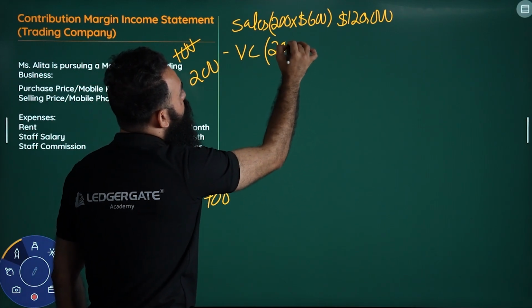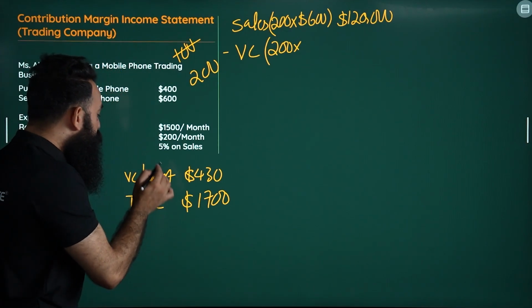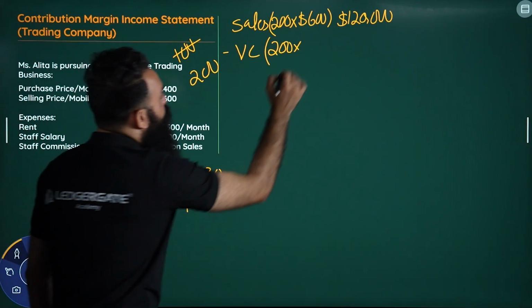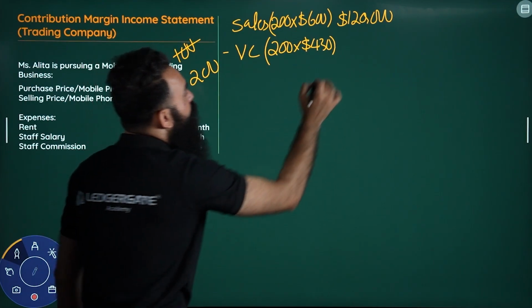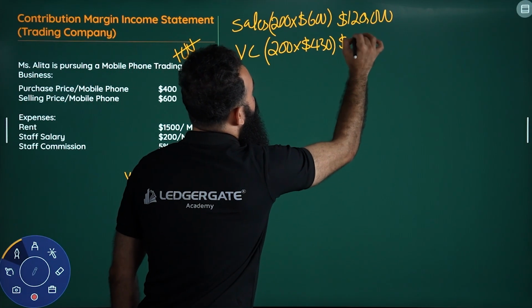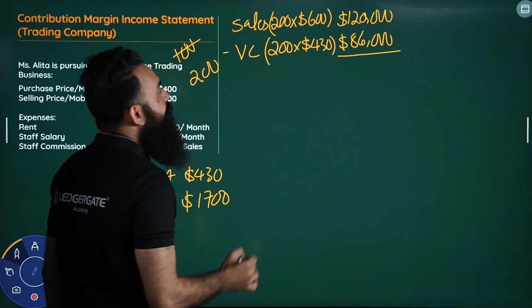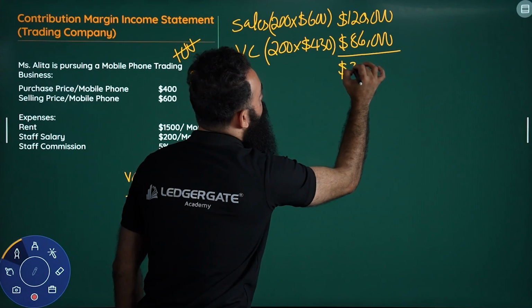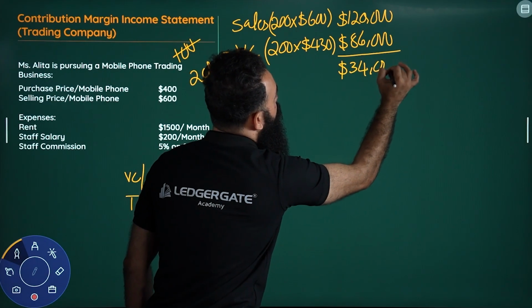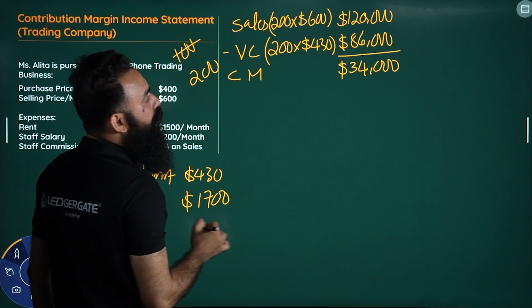Our variable cost is for 200 units, so 200 into $430 would be our variable cost. That would be $86,000. We'll deduct 86,000 from 120,000. That would be $34,000. We know that this is contribution margin.